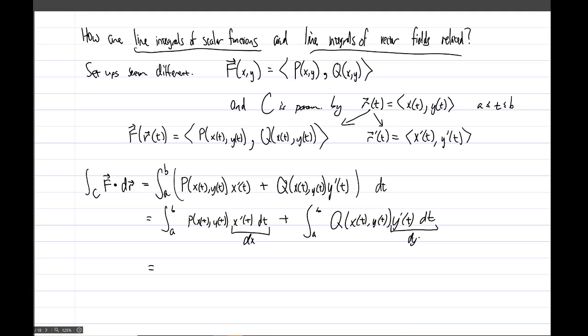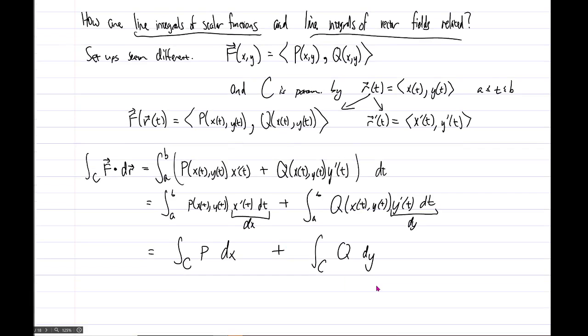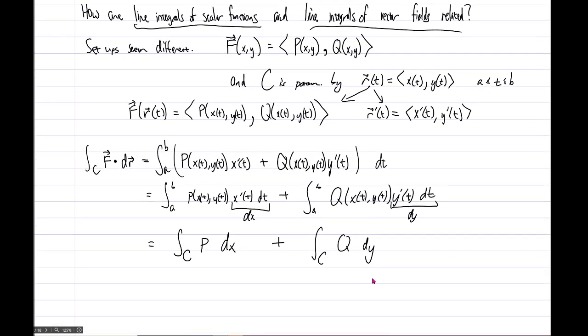So if you just work backwards from the first type of thing, the line integrals of scalar functions, this first integral is literally the integral over the original curve C of P dx, while the next integral is the integral over the curve C of the scalar function Q dy. So that's the connection between these two things. And of course another way that this gets written is just the integral over C of P dx plus Q dy.